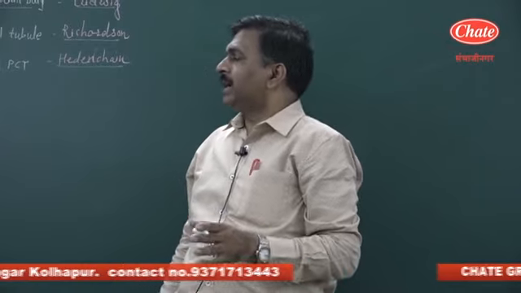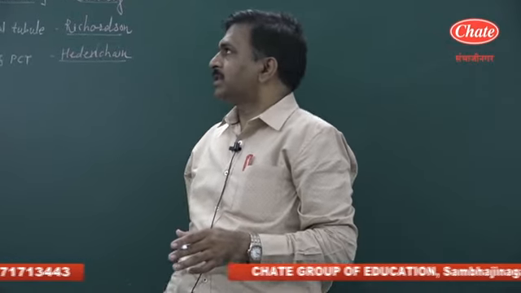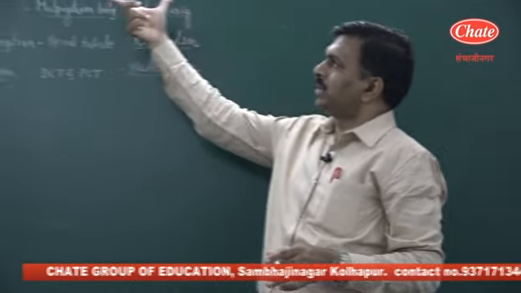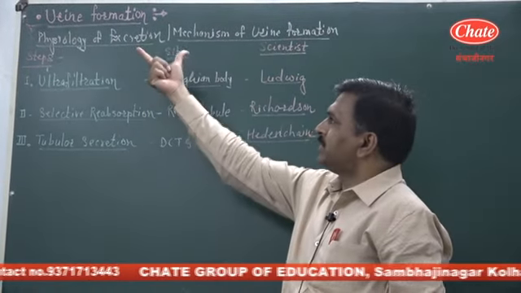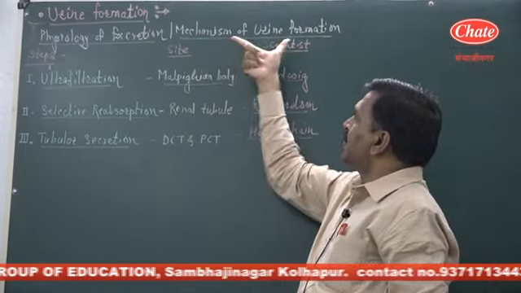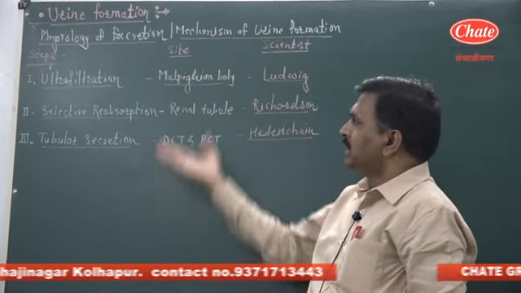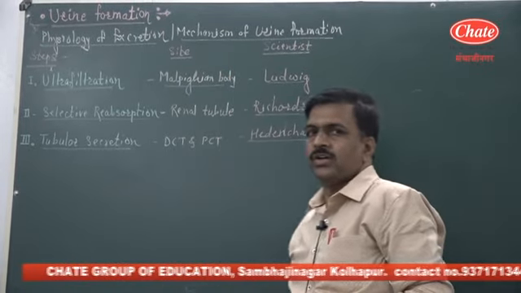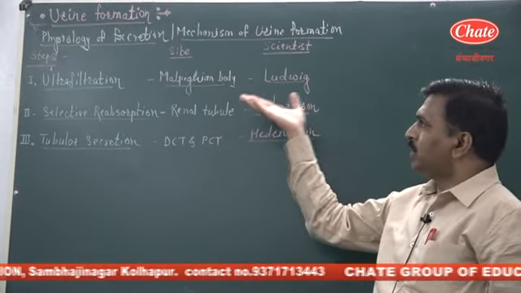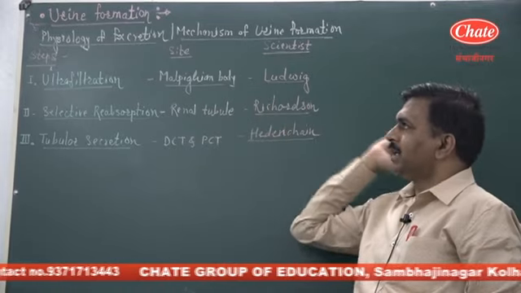You know that. Now, after completion of this structure, we want to focus on the most important event, that is urine formation, also termed the physiology of excretion, or the mechanism of urine formation. This is the most important and vital part of this topic, excretion and osmoregulation: how urine is formed within the kidney.